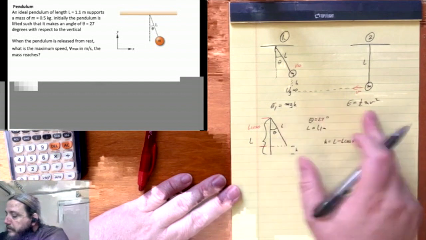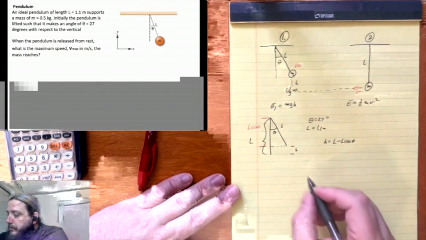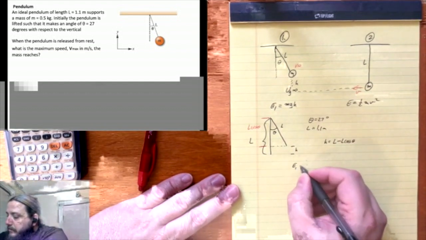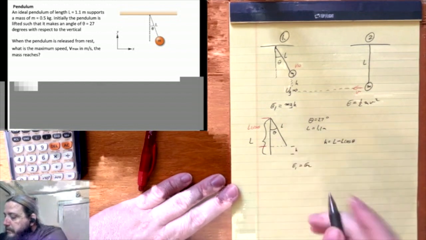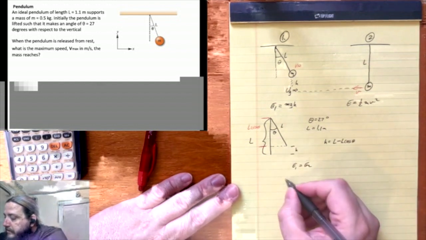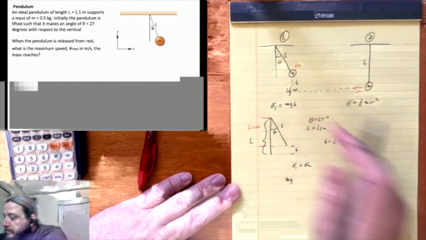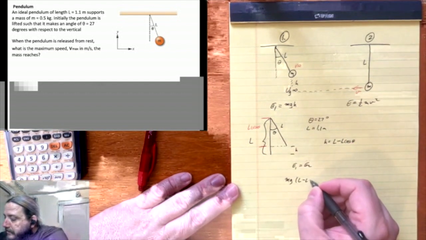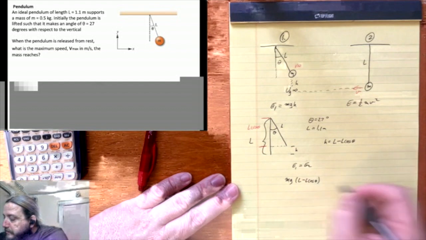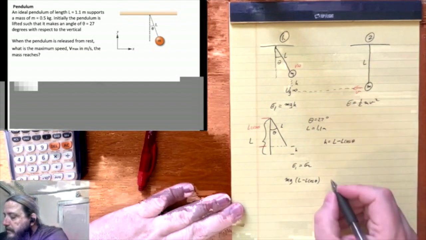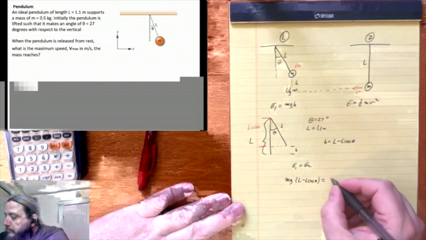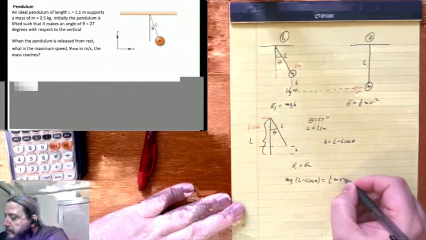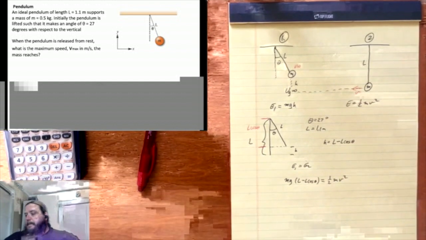And so we can go back to our energy conservation, E1 equals E2. E1 is mg times our height, which is L minus L cosine theta. And that's got to equal our energy at moment 2, which is 1/2 mv squared.